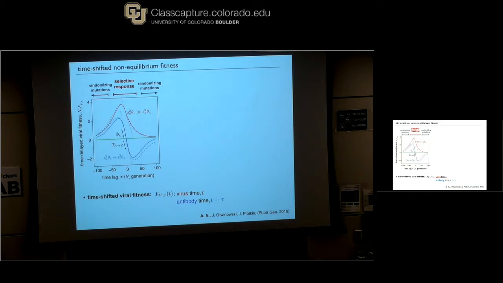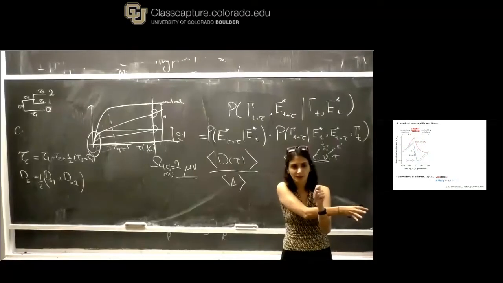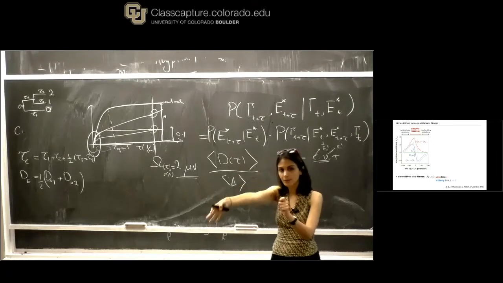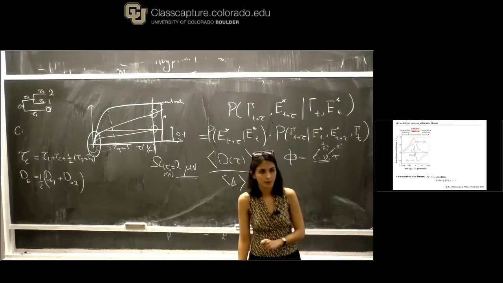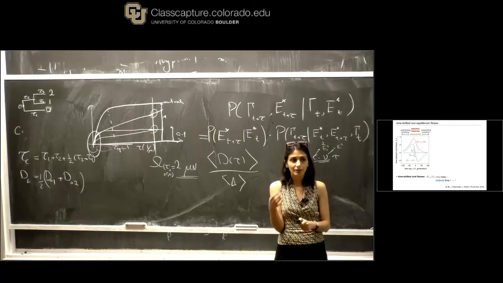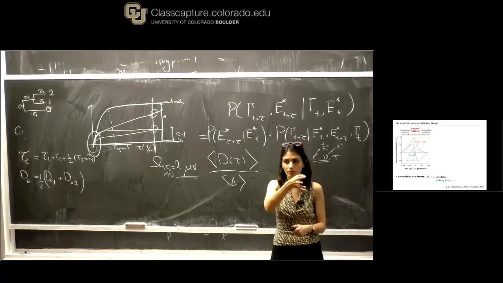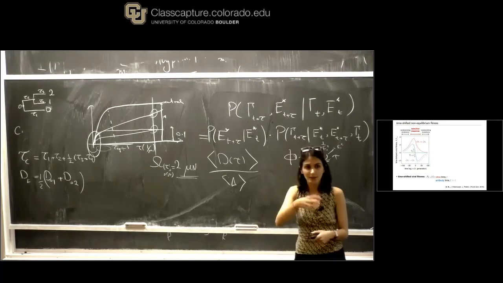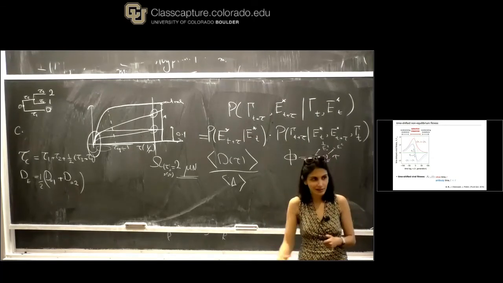If I take an antibody or a virus at a given time point and I measure its fitness, let's say I'm taking a virus today and I take its fitness against antibodies that appeared in the past and antibodies that would appear in the future, right? You would expect that if viruses have escaped something in the past, they're pretty fit against those antibodies, right? That's basically what they are trained against.